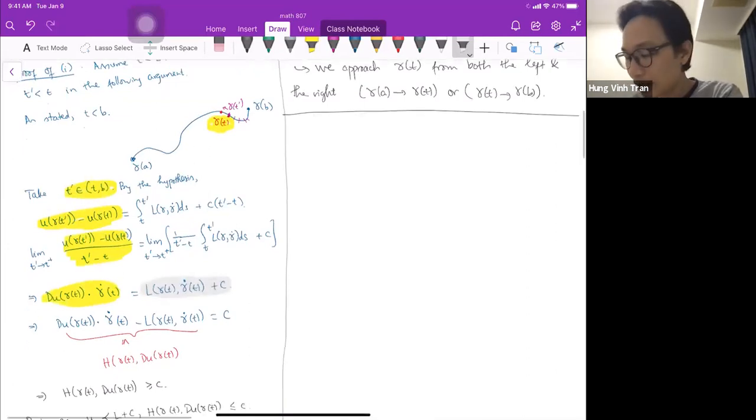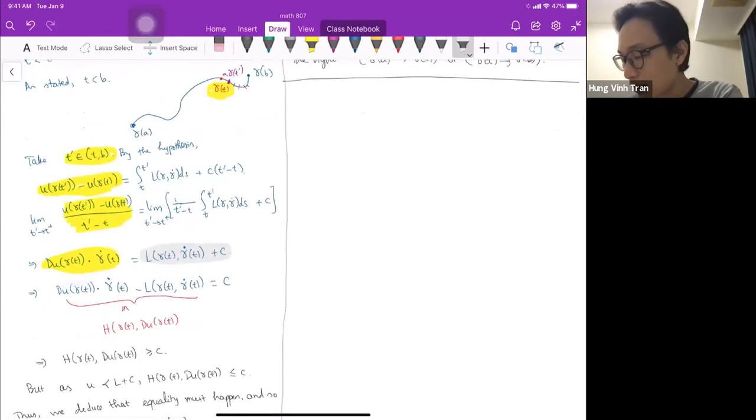Combining the two together, I have this equality: du dot gamma dot minus L of gamma, gamma dot equals C. I notice that the quantity on the left is less than or equal to h of gamma, du of gamma.